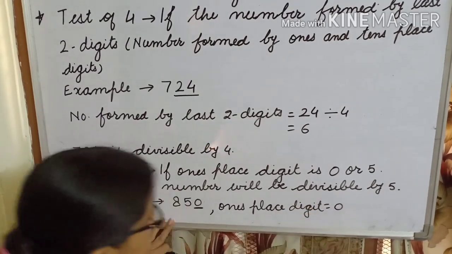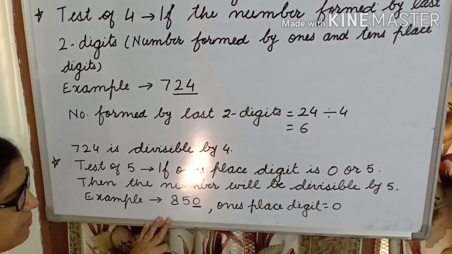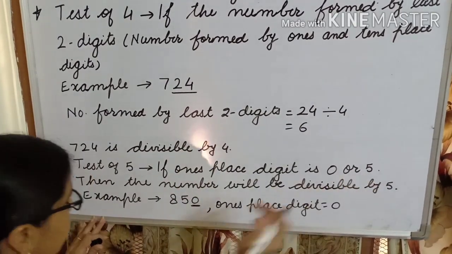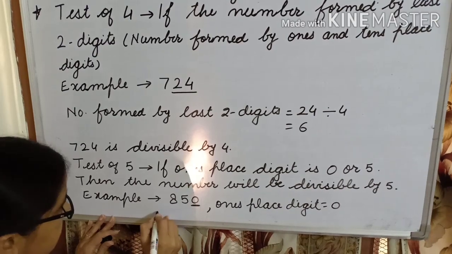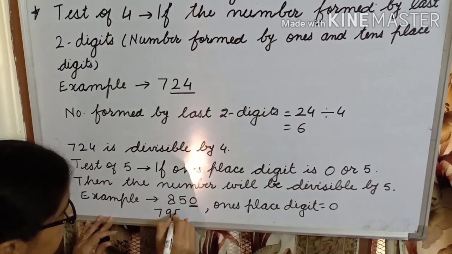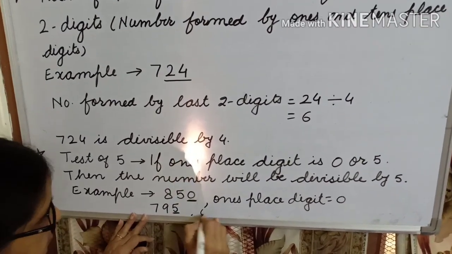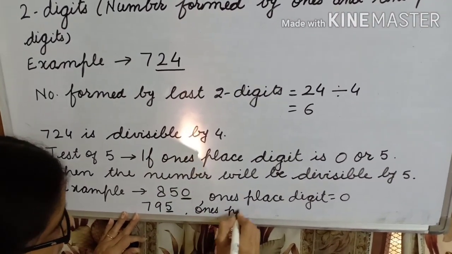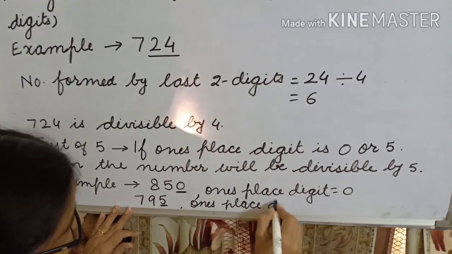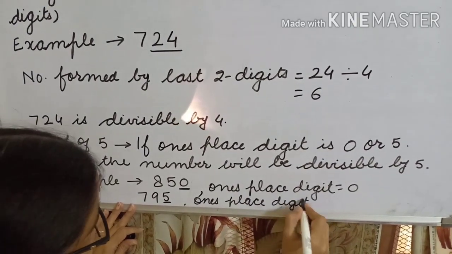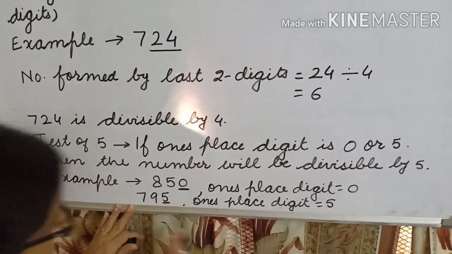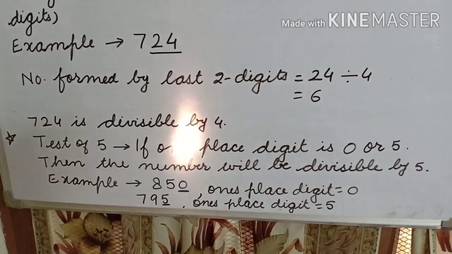If the digit is equal to 0, then it will be divisible by 5. One example of digit 5. What you can see? Ones place digit is equal to 5.